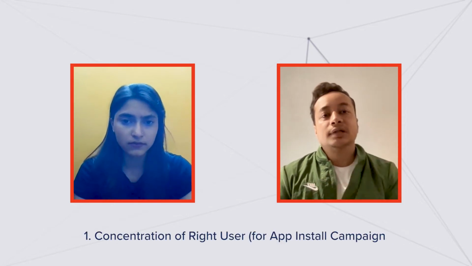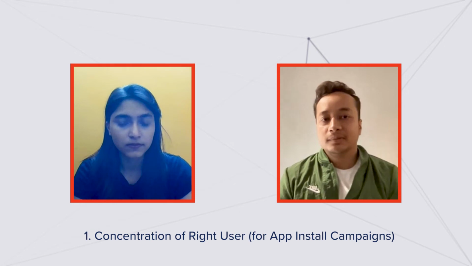Hmm. So before getting into the industries, I would also want to mention where exactly people have been seeing value in the campaigns that we've run so far, right? So the two most important metrics that get impacted when we start a MiFo campaign, the first one is concentration of the right user that I spoke about before.